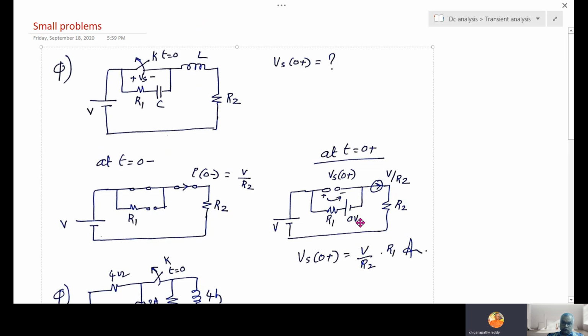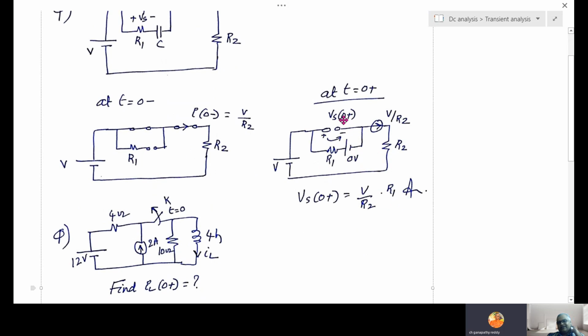Similarly, at t equal to 0 plus, the switch is open, then R1 as usual, and the capacitor is replaced with a voltage source whose value is 0. Why 0? When the switch is closed, even though the capacitor is open, it cannot charge. The voltage across this capacitor is 0. So same thing, I am writing 0. Then the inductor is replaced with a current source of V by R2, then R2 as this. Now, this V by R2 goes through R2, through V, and again through R1.